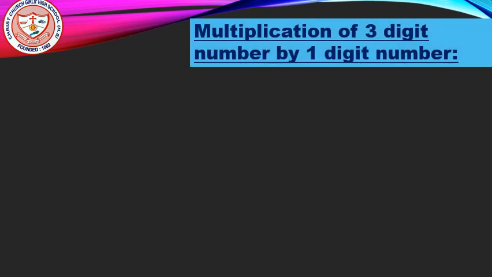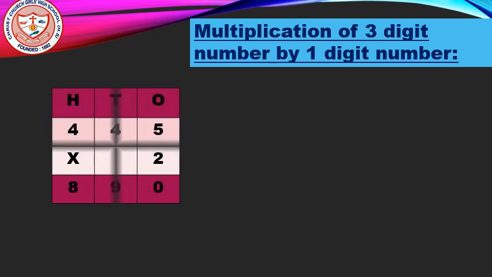Now, let us revise multiplication of 3-digit number by 1-digit number. 445 into 2. So what we are going to do here? Yes, first of all, we will arrange the number as per the place value chart and then we will start calculation from right.